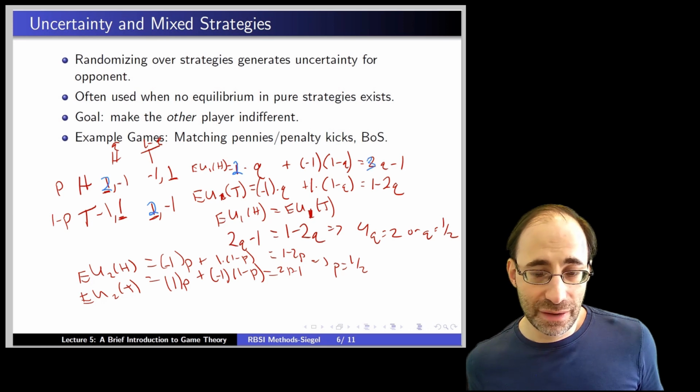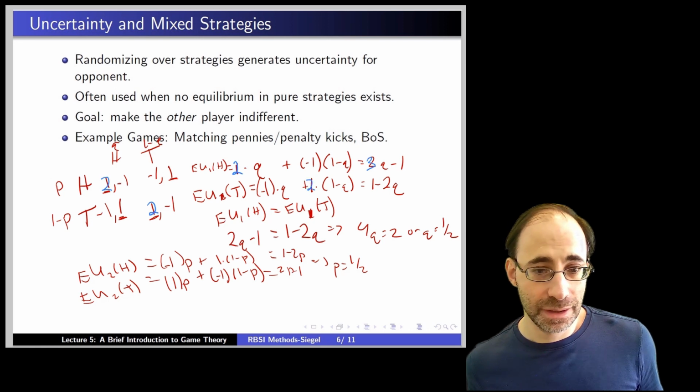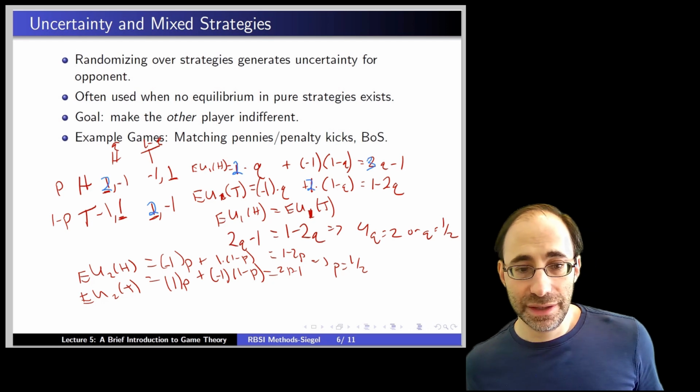And over here, this would again be a 2, because you get a 2 in the circumstance where we're playing tails, and this would be a 2 minus 3q.